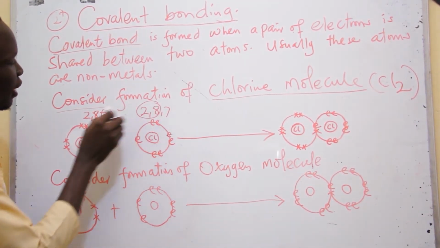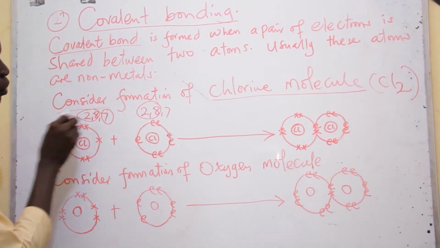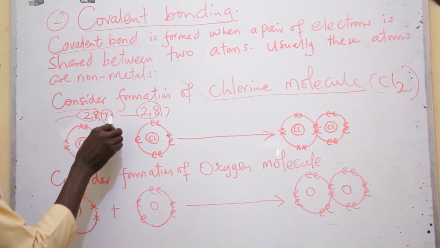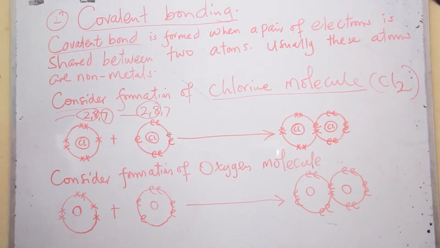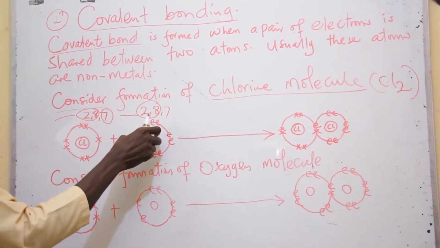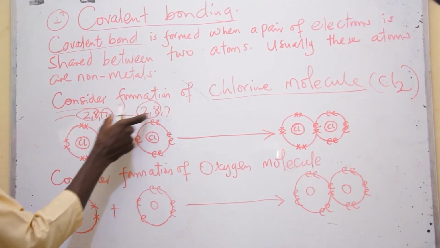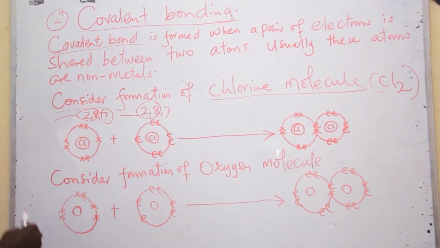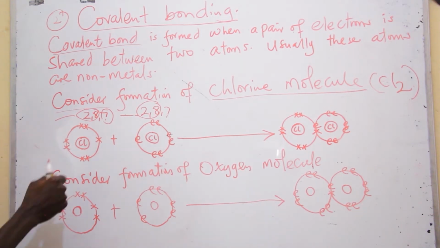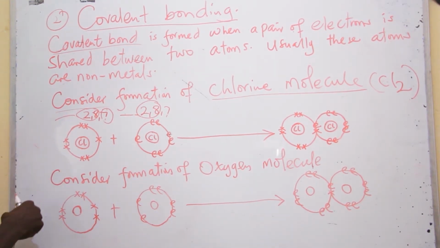We are not taking these inner ones; we are only taking the 7 electrons in the outermost. Therefore, these atoms are both supposed to gain, and they are gaining 1 electron each.